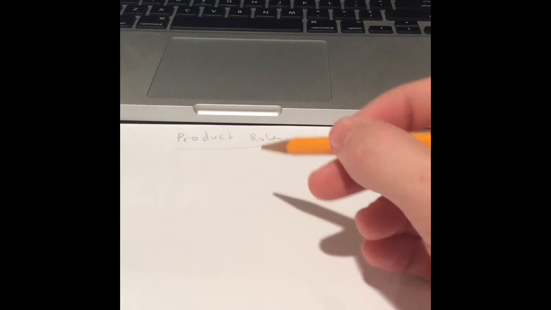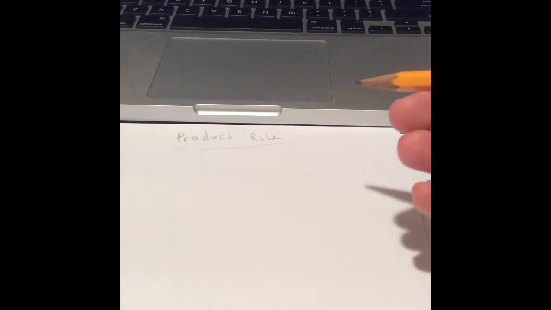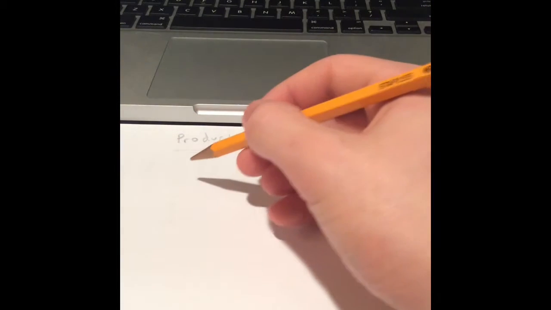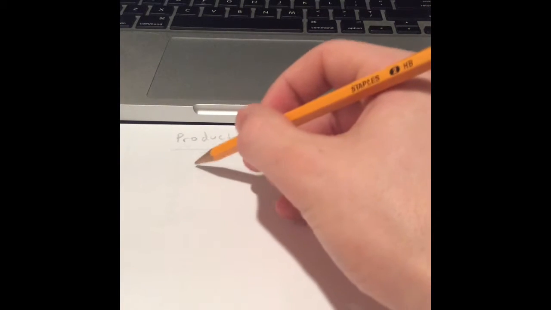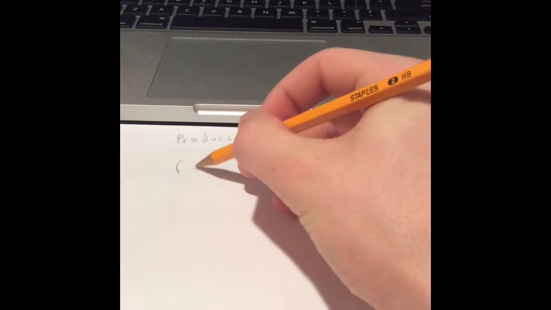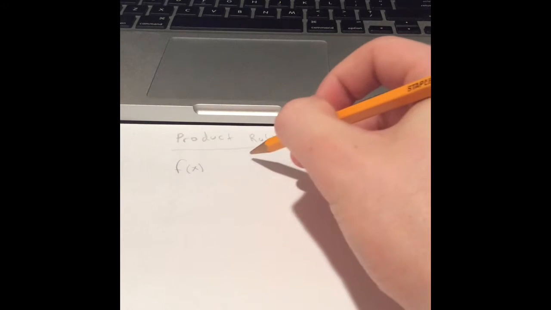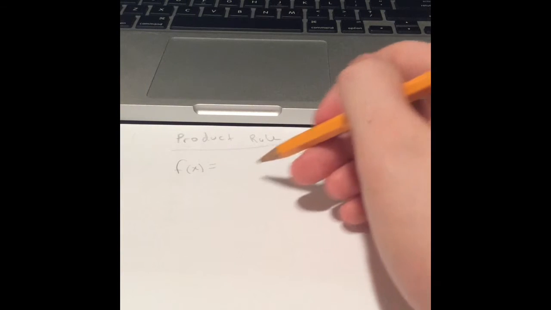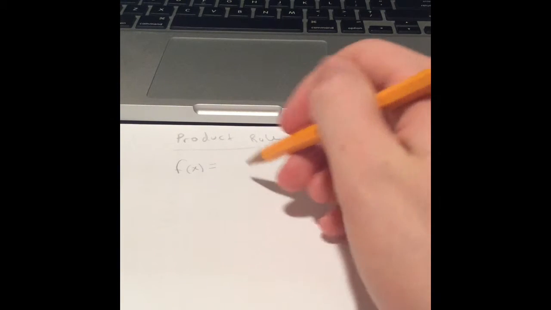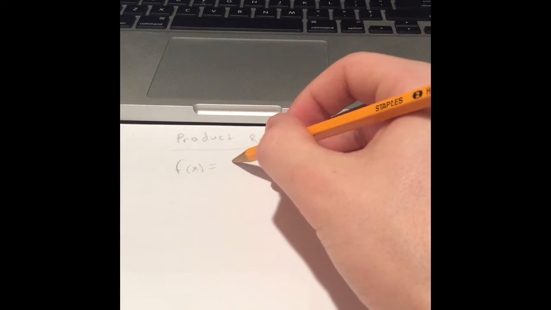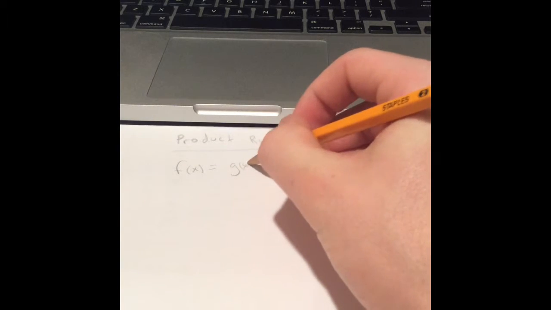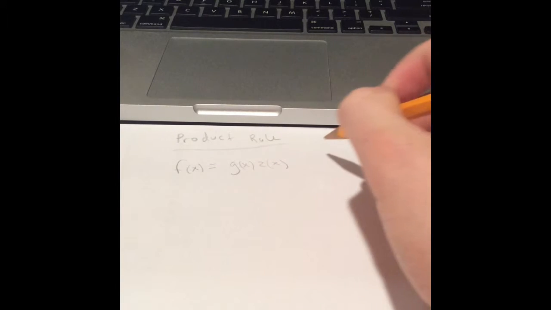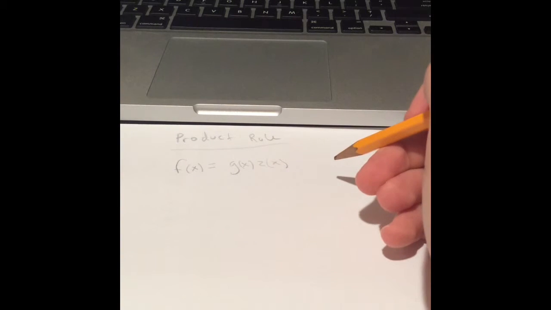So I'm going to teach you the product rule right now. When you're finding a derivative of a function, let's call it f of x, that has two functions inside that could be separated, and we're going to call them g of x and z of x, you're going to have to use the product rule.